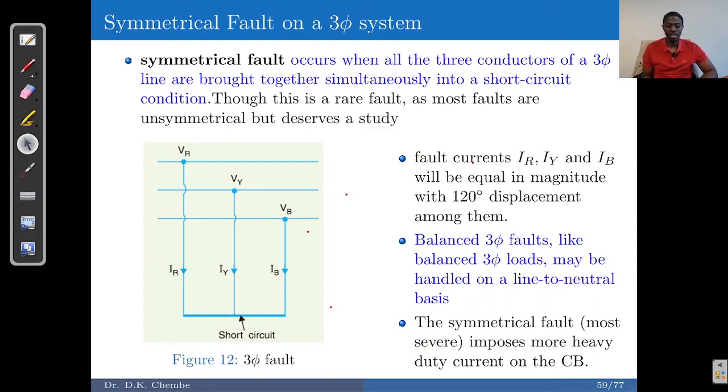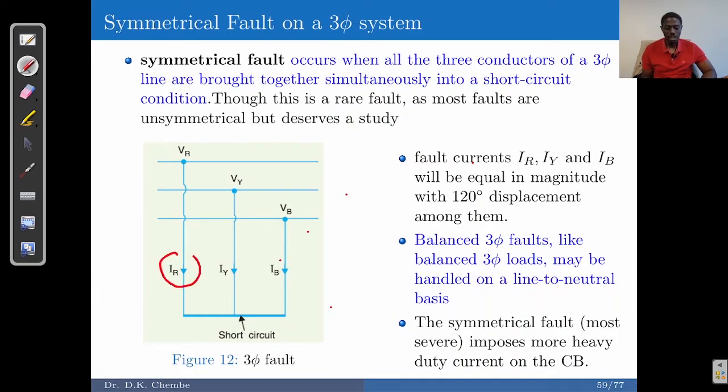When we look at a symmetrical fault, like we said, the symmetrical fault occurs only when the three conductors of the three-phase lines are brought together as shown here. So when all these three conductors are brought to a short circuit, they are going to have equal currents.